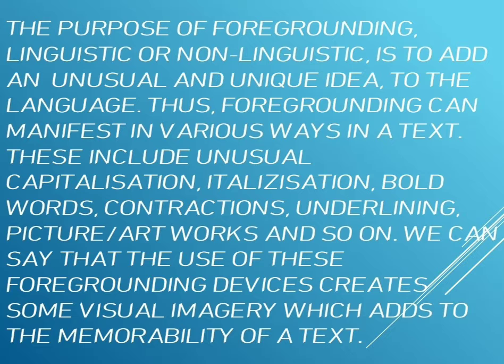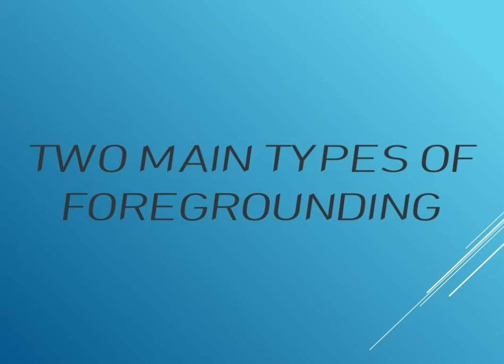This includes unusual capitalization, italicization, bold words, contractions, underlining, pictures or artworks, and so on. We can say that the use of these foregrounding devices creates some visual imagery, which adds to the memorability of a text. Let's now go to the two main types of foregrounding.